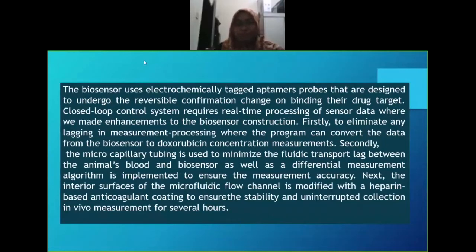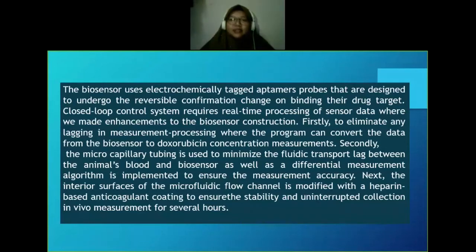So, in this project, the biosensor uses electrochemically tagged aptamer probes that are designed to undergo a reversible conformation change on binding their drug target. A closed-loop control system requires real-time processing of sensor data, so we made enhancements to the biosensor construction. Firstly, to eliminate any lag in measurement processing, the program can convert the data from the biosensor to dox concentration measurements.